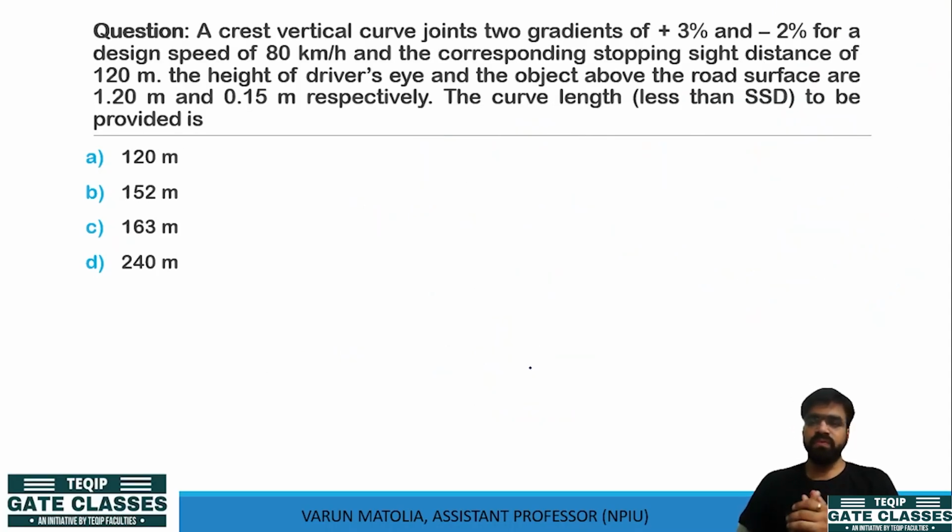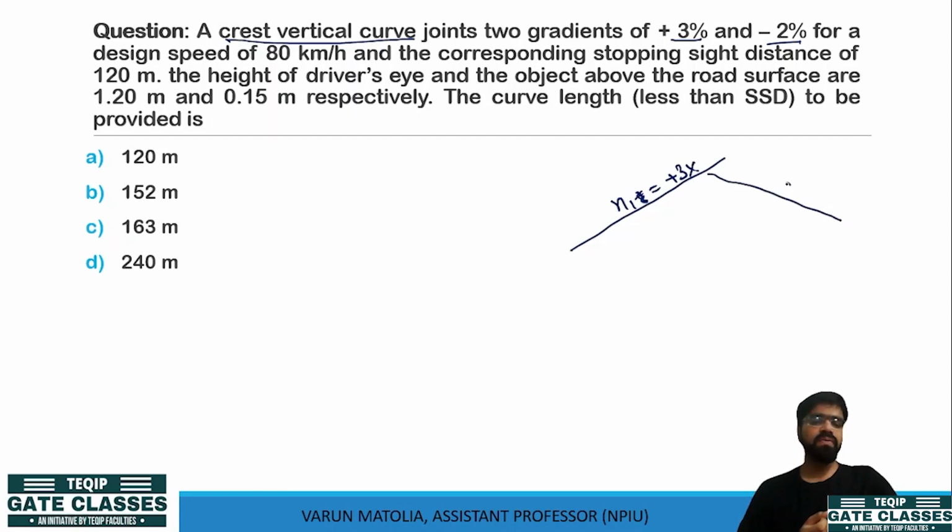This question is from vertical curve. As it is written here, a crest vertical curve joins two gradients. One is 3% and the other is minus 2%. Means there is a curve joining an ascending gradient N1 of 3% and a descending gradient N2 of minus 2%.